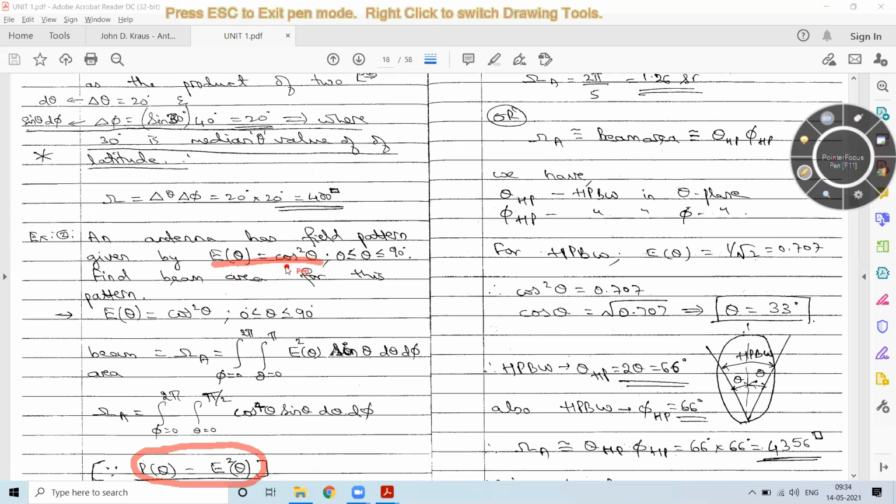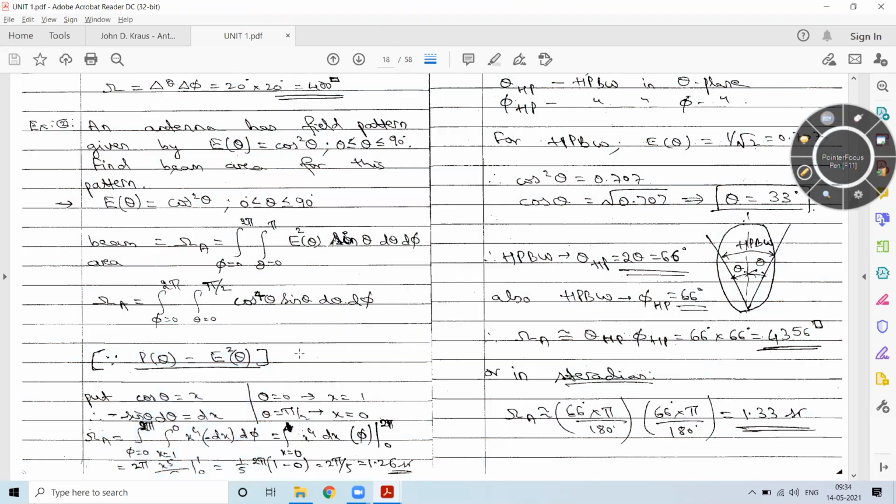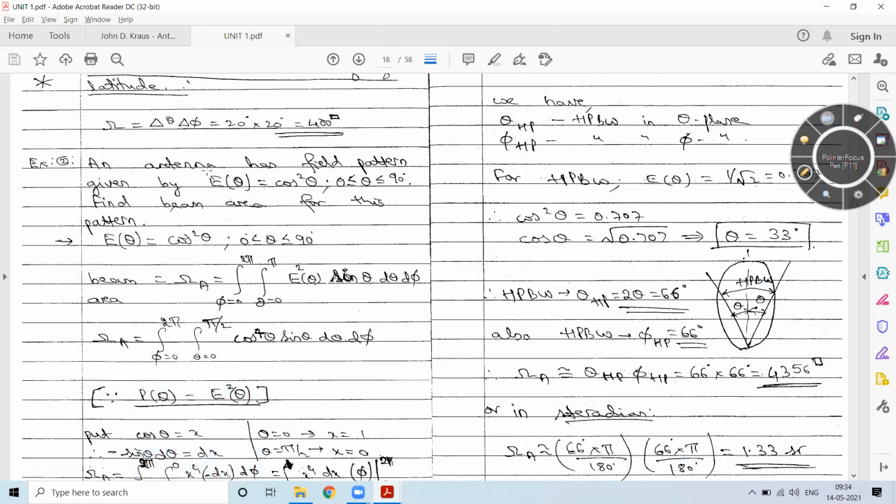If you observe this parameter, its value ranges from 0 to 1, so it is already a normalized field pattern. So if I take the square of the field pattern, I'll get the normalized power pattern. Taking E square directly gives me the normalized power pattern.